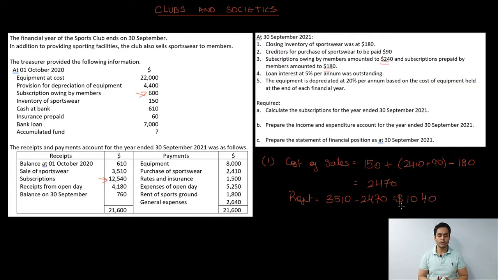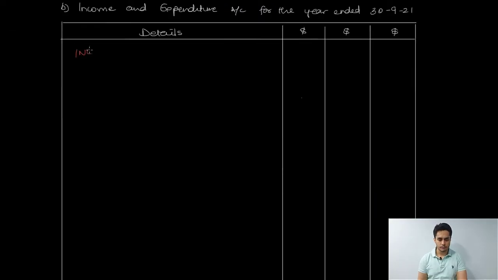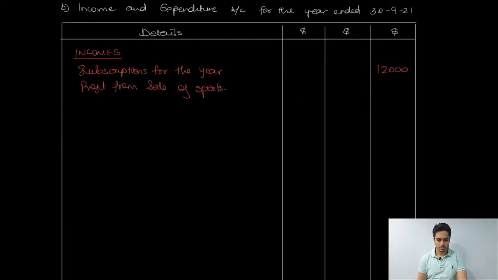Our receipts are over here, so let us put these items that we have discussed in the income and expenditure under the income section. We've completed our incomes and our total income for the year is $13,040.